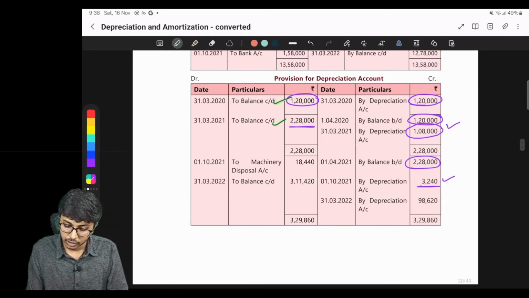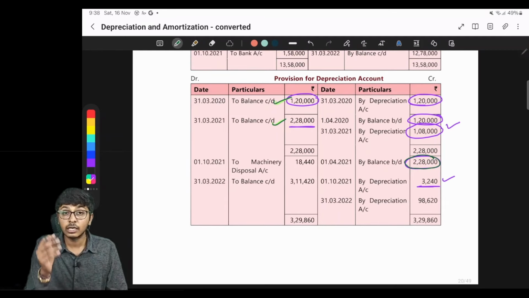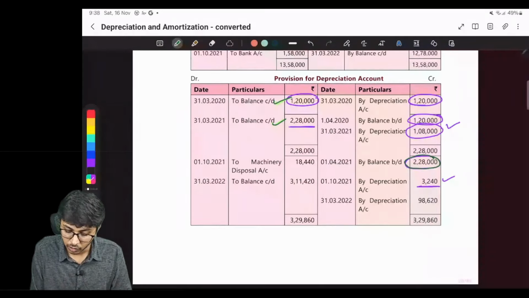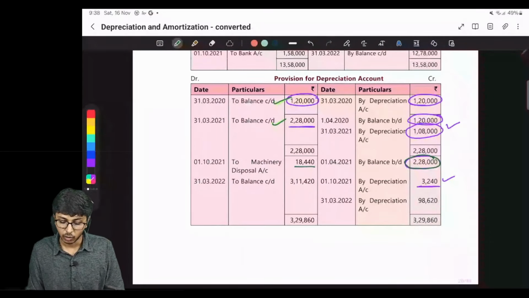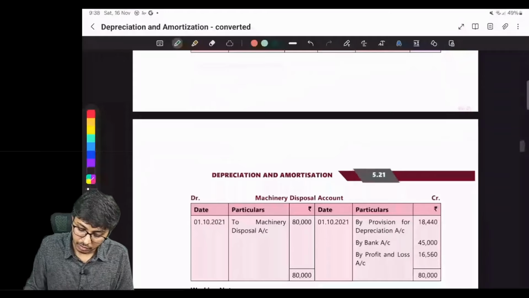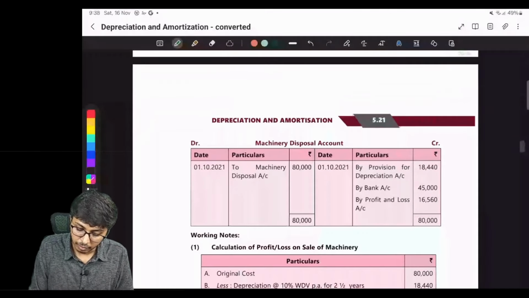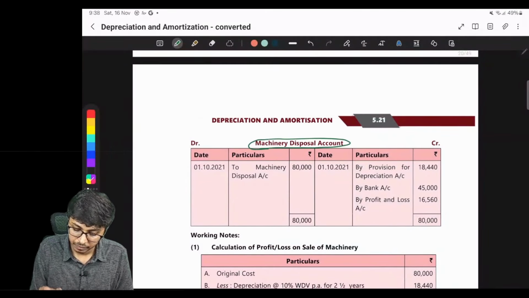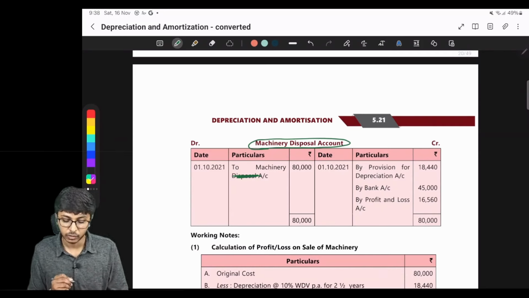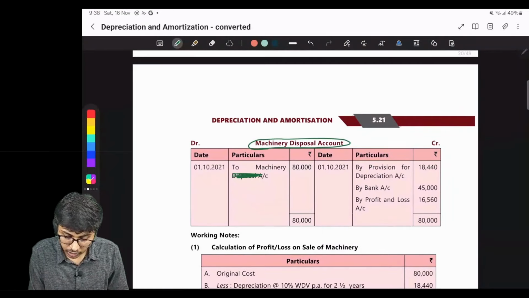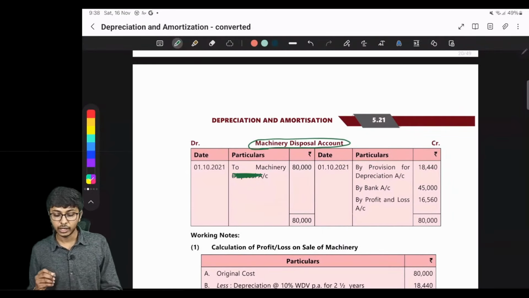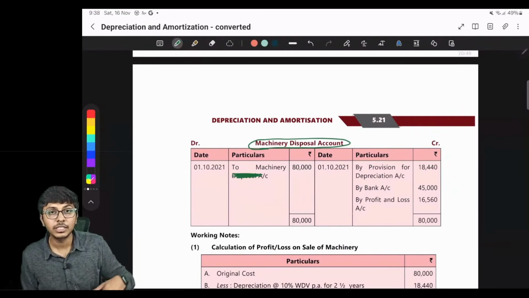How will you do it? See here, what was the balance? 2,28,000. In this, how much relates to that particular asset? 18,440. You remove it from this and debit. Now, see the magic here. This is not machinery disposal account, this is machinery account. Make that correction in your books. From machinery account, how much did I get?